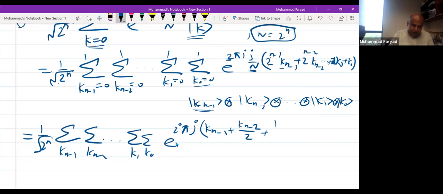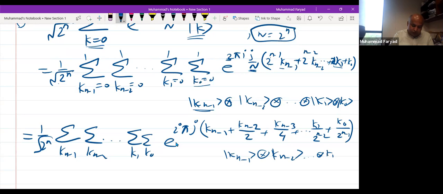Then the next term would be Kn minus 3 over 4. And then the second last term K1: there's a 2 here, 4, 2 power 2, and there is a capital N here, so this becomes K1 over 2 power n minus 2. And then there's this k naught, which is over 2 power n minus 1. And then I have these qubit states kn minus 1, kn minus 2, all the way to k1, k naught.